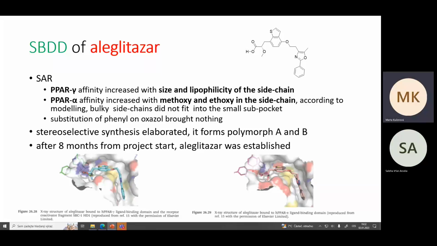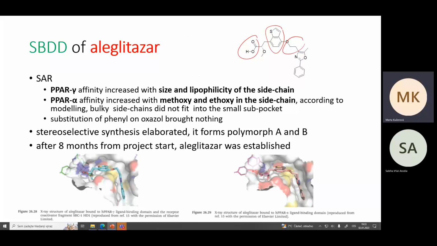So here you can see the structure, you can see also the binding mode in human PPAR gamma receptor and PPAR alpha. It has the typical banana shape, a carboxy group for binding, a benzothiophene moiety, and the molecule is somehow partly broken in the middle in the region of the flexible linker.